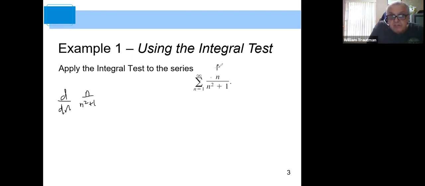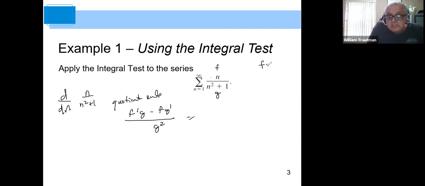This is F, and we're going to call this G, and the quotient rule is F prime G minus F G prime over G squared. F is n, F prime is 1, G is n squared plus 1, G prime is 2n.